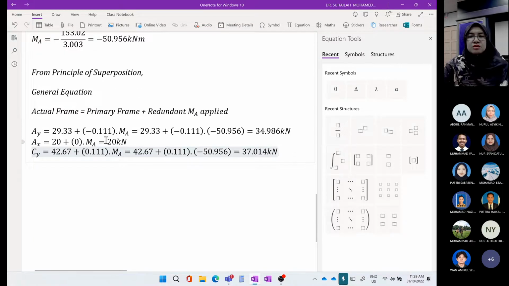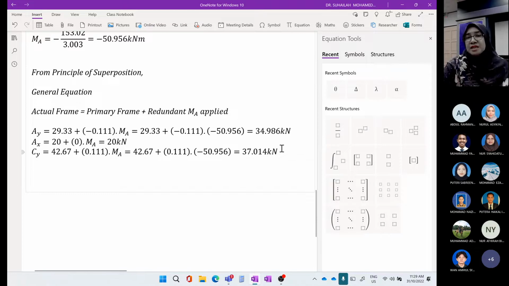So when we use principle of superposition to calculate remaining reaction, number one, it much more easier than using equilibrium equation. Kita boleh skip mistake juga kat sini kan, sebab this is just simple mathematical calculation, and we can also do checking using equilibrium equation.